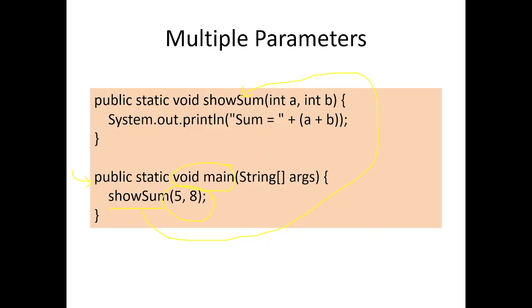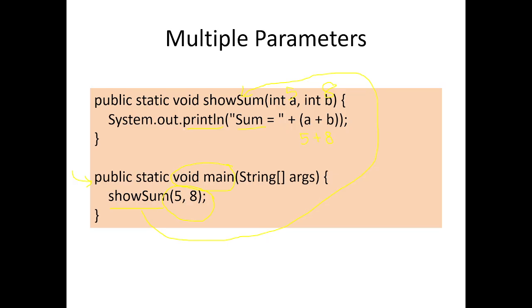Then there are 5 and 8. So the showSum method will receive 5 and 8 here. This is 5, this is 8. Then the method will print, because the task of this method is to display the sum, which is A plus B. So the compiler will need to perform 5 plus 8.